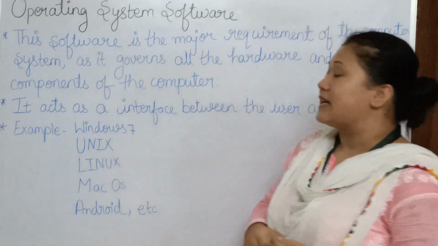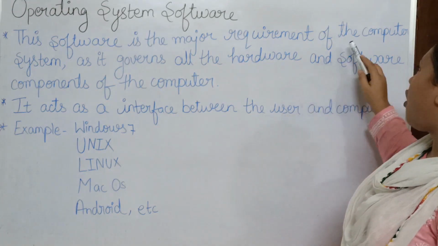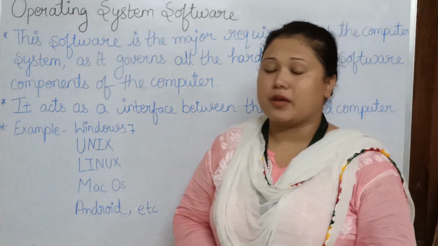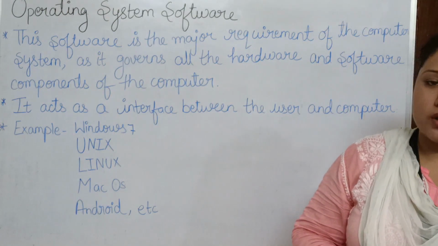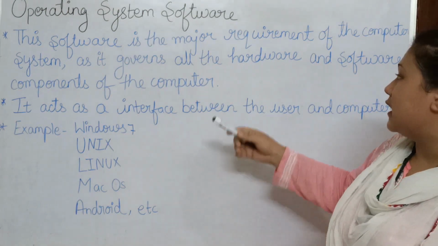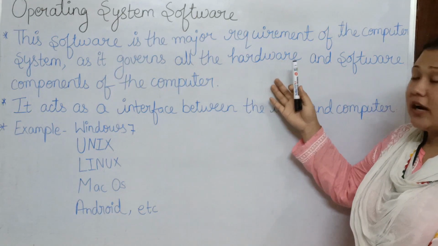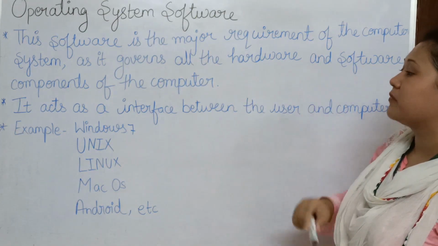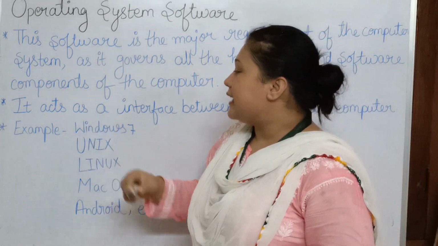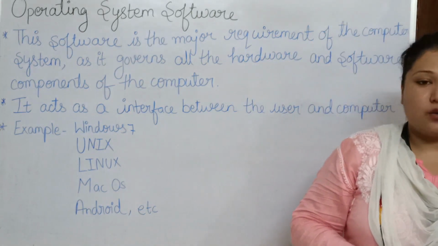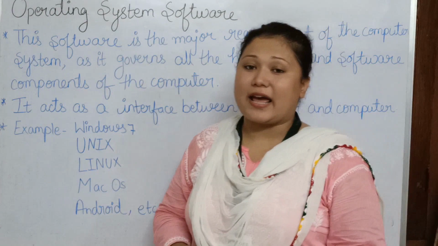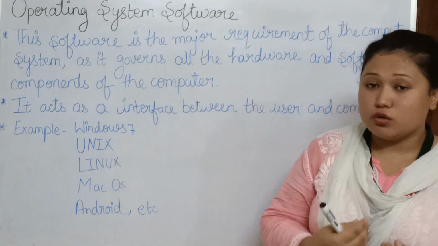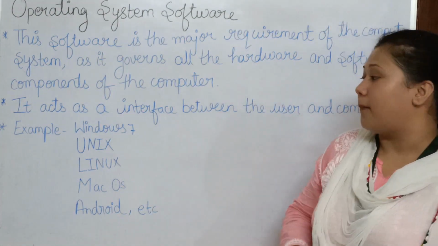This software is the major requirement of the computer system as it governs both parts of the computer. It governs all the parts of hardware as well as software. It acts as the interface, the link between the user and the computer system.